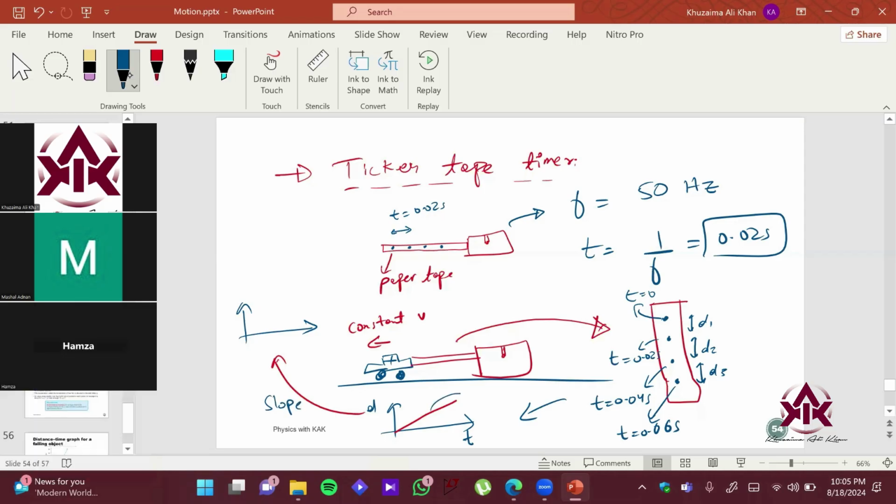You can see it's a straight line over here. So what's the slope of a straight line? It is distance upon time, right? That is going to give you speed. Since the slope of a straight line is always constant, you will get this particular shape. And hence we know that the speed of the car was constant. That's how you can derive this experiment.